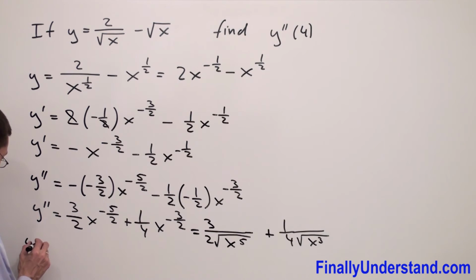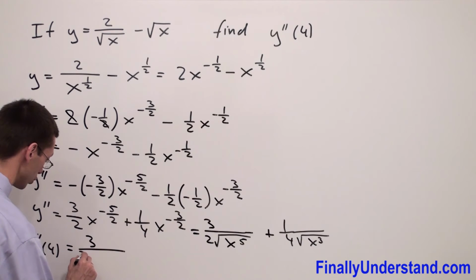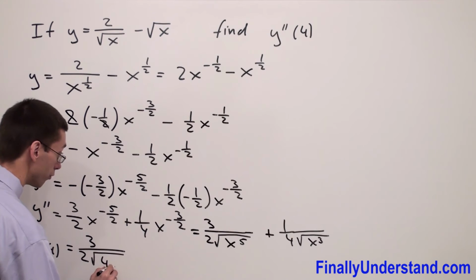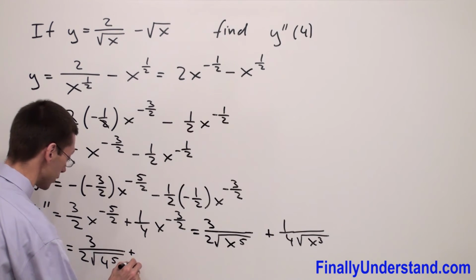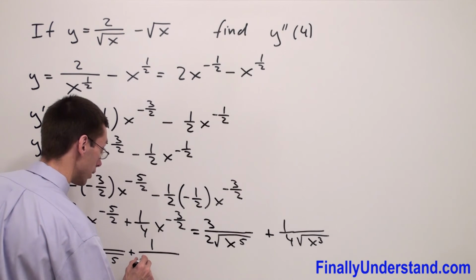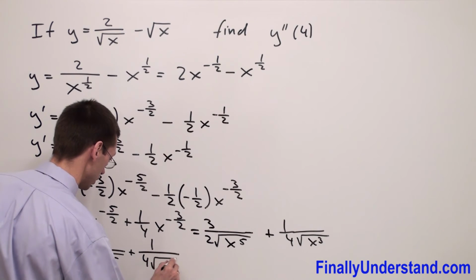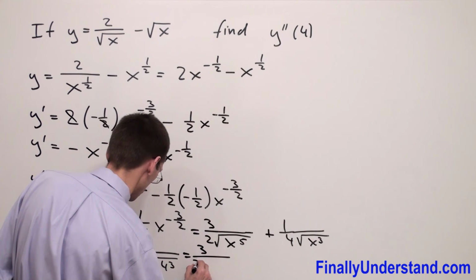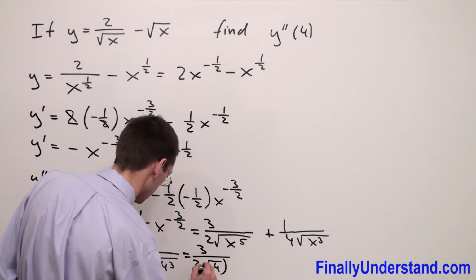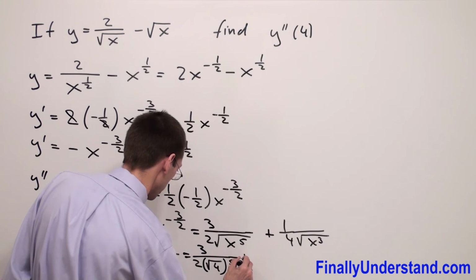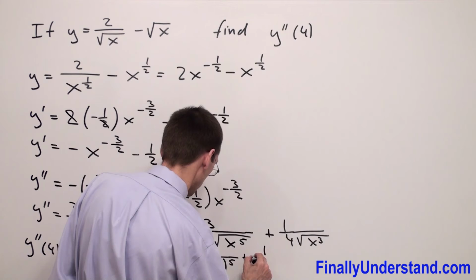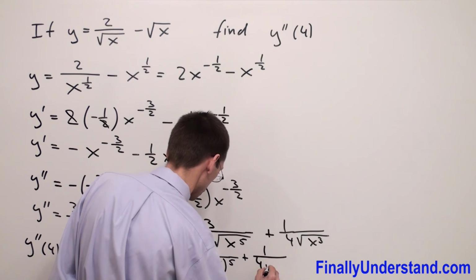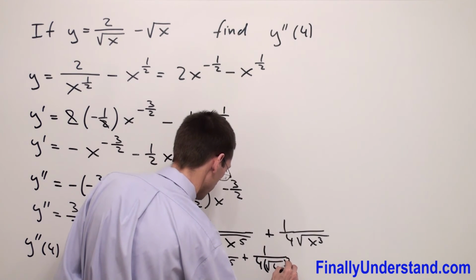So we can write that y double prime for x equals 4 is equal to 3 over 2 square root of 4 to the 5th power plus 1 over 4 square root of 4 to the 3rd power.